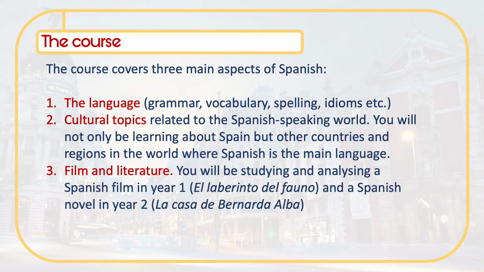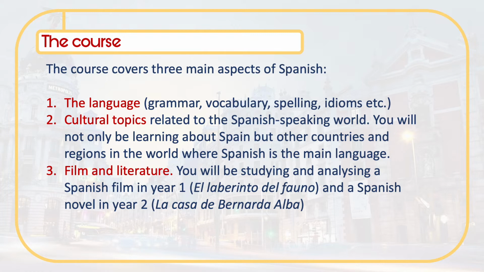Amongst those topics, we will also be looking into the most recent Spanish history from halfway through the 20th century up until 1980. Finally, but I think very important, and also an aspect that is always enjoyed by all students, is the film and the literature.